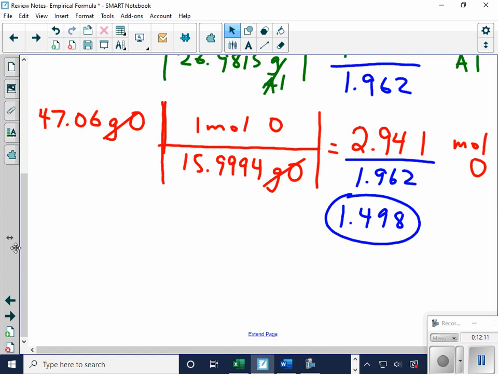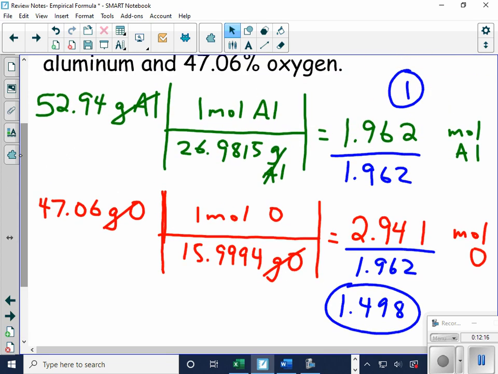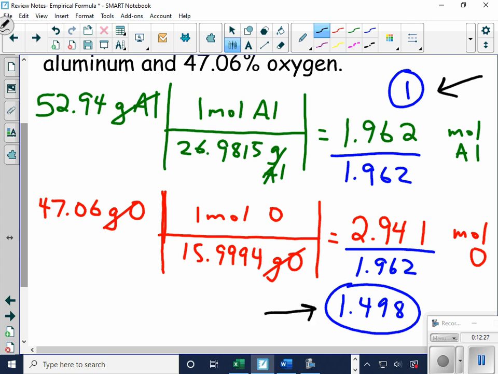Now, as I look at my values, I want to make that comparison. I know I have a whole number right there. Is this 1.498 close to a whole number? It's pretty much right in between 1 and 2, isn't it? So I can't just round that and say, yeah, it's close to 2 or it's close to 1.